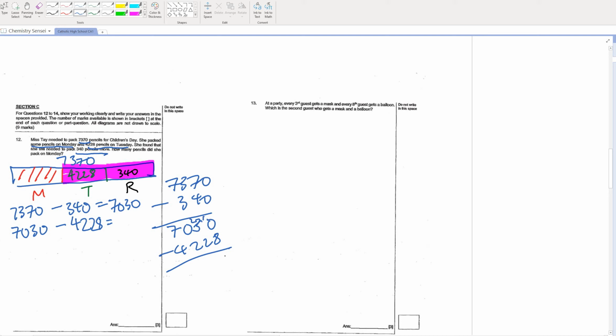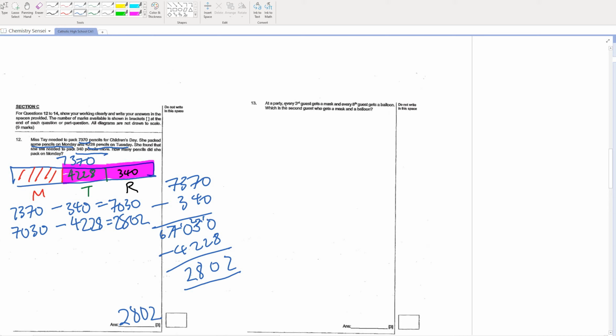Right, so 10 minus 8 is equals to 2. 2 minus 2 is 0. 0 cannot minus 2, so we have to borrow from 7. So 10 minus 2 is 8. 6 minus 4 is 2. Alright, so we have found the answer, 2,802. Alright, so she has packed 2,802 pencils on Monday.